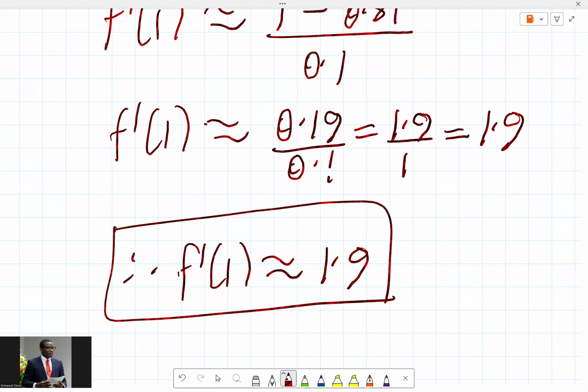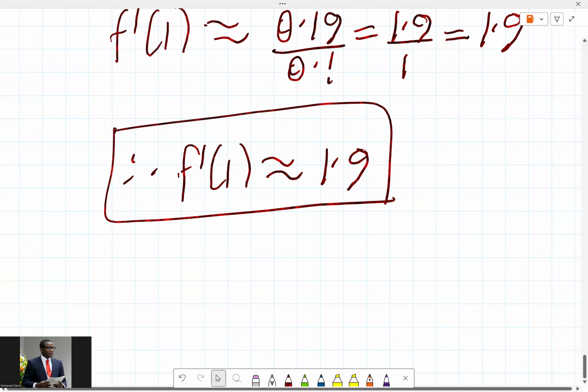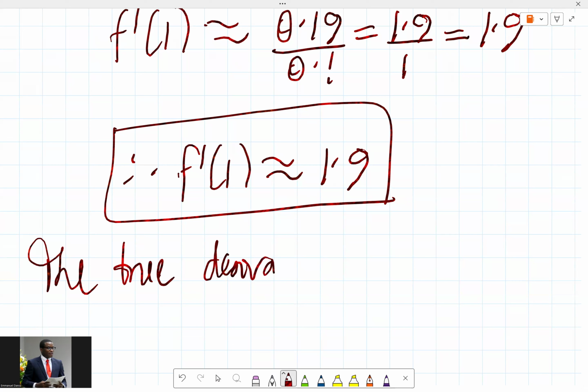So it's close to 2, right? But it has shifted a bit backwards. We know the true derivative already. The true derivative at x equals 1 is 2. We know that because f of x is x squared, so f prime of x is 2x. If you put 1, you just get 2.